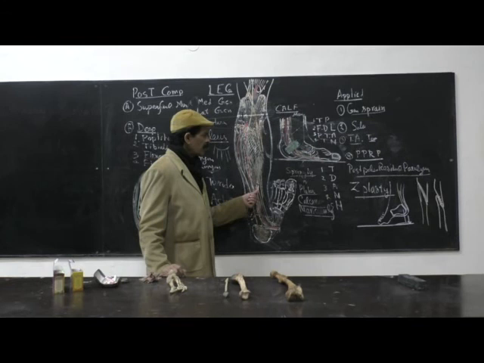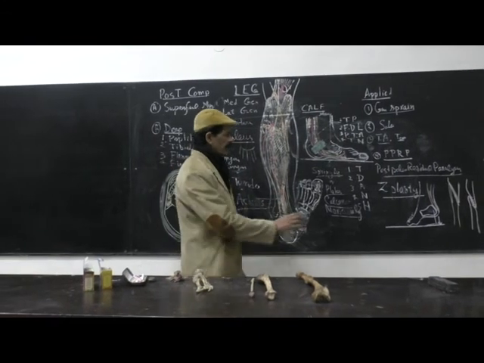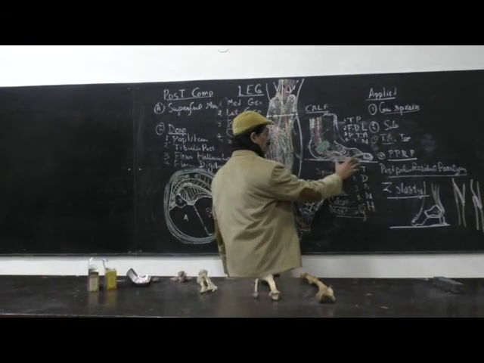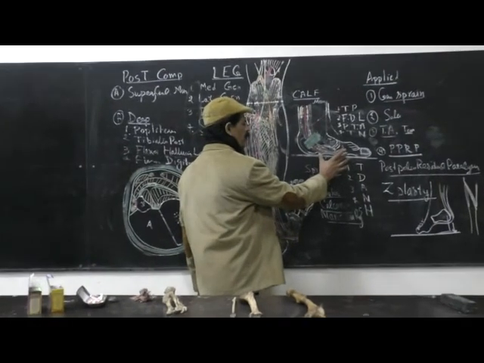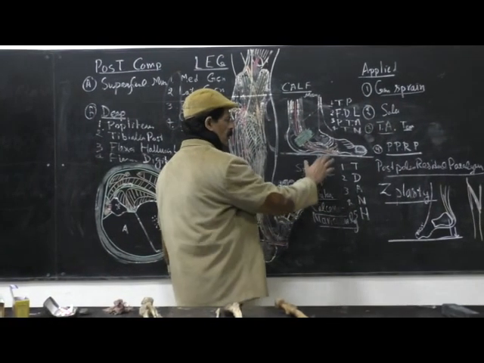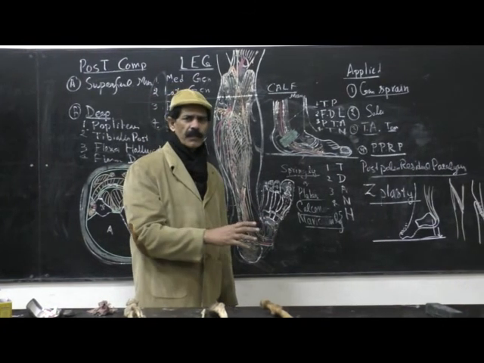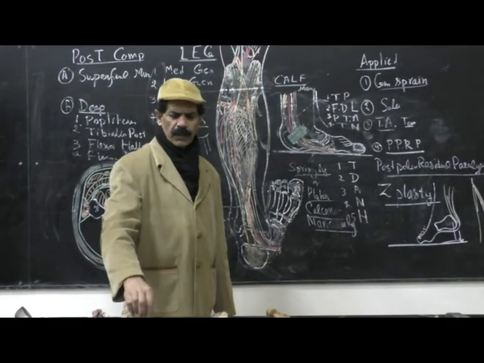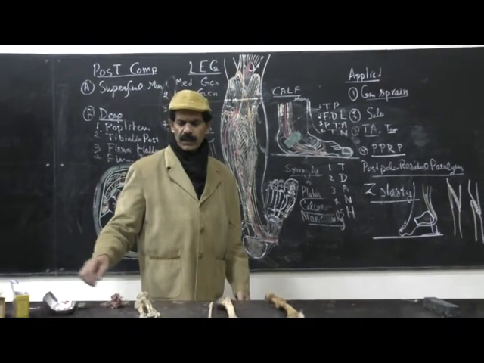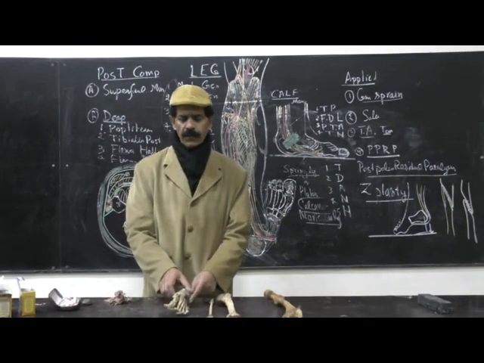Now another function we have to explain is the inversion movement of the foot. Like we have done the eversion in the lateral compartment, the posterior compartment has one more action, that is called the inversion of the foot.